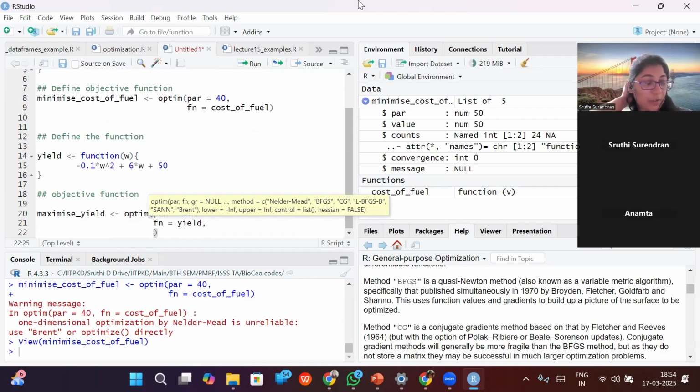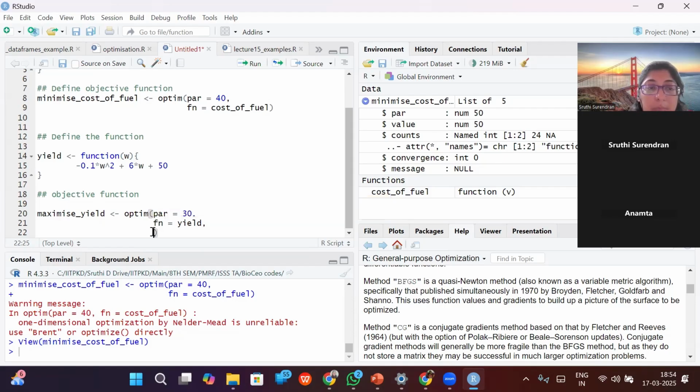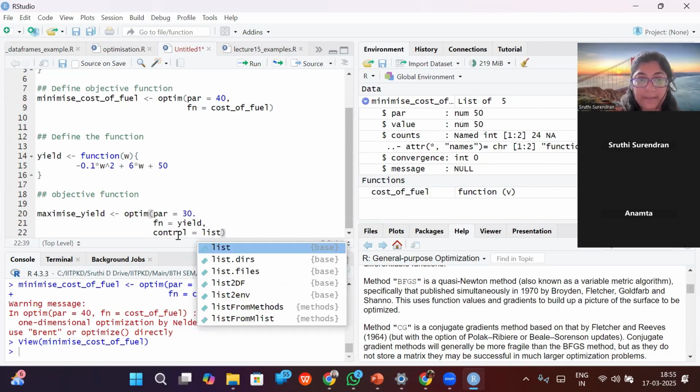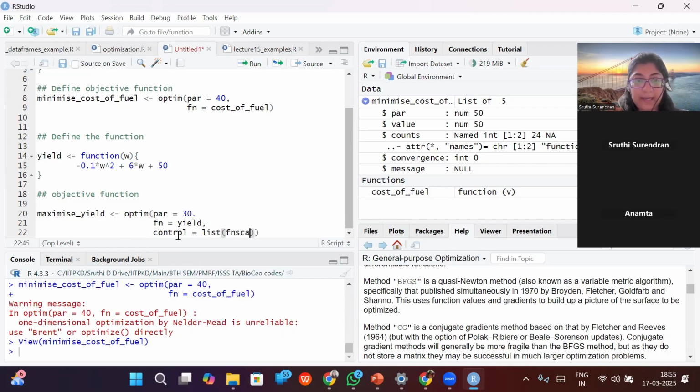Another thing we want to do here is maximize the yield, but optim by default does only minimization. So in order to make it a maximization problem, we will use the argument control equal to list fnscale equal to -1.